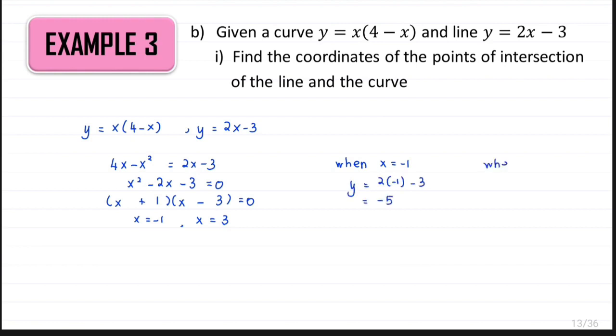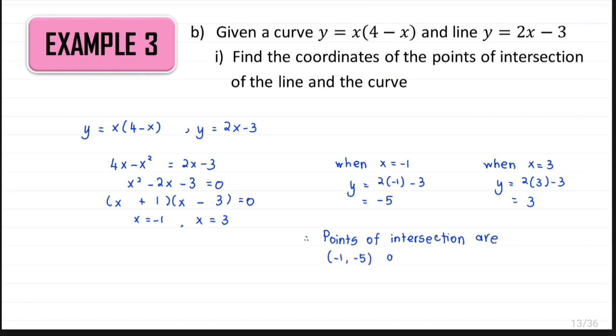And next, when x equals 3, substitute, then we get 3. So we conclude the points of intersection are (-1, -5) and (3, 3).